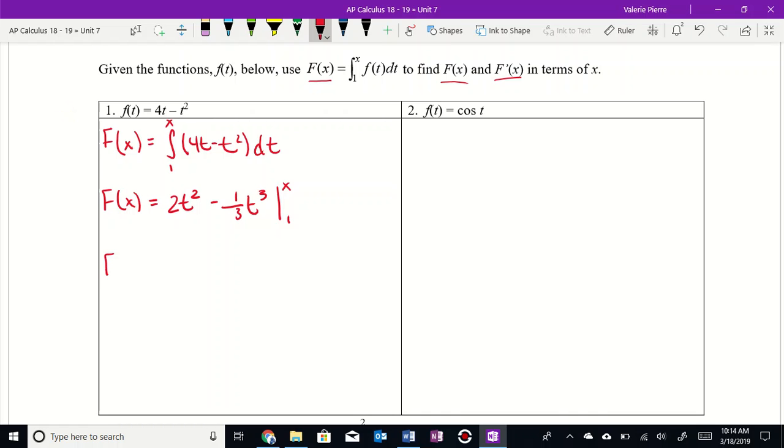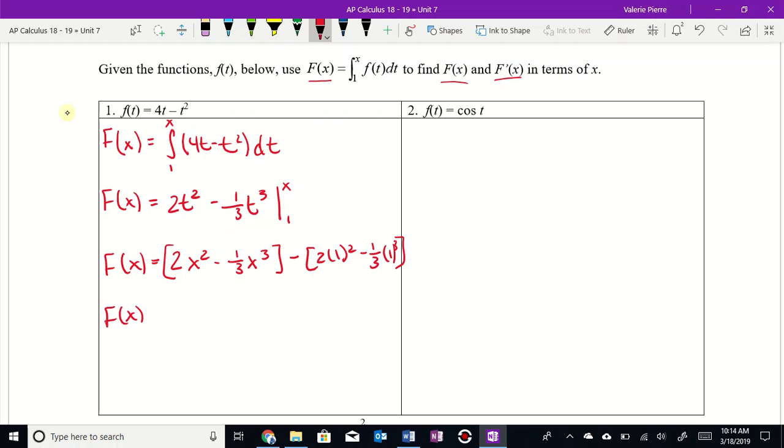So now using FTOC, we'll rewrite this as 2x squared minus 1/3 x cubed minus 2 times 1 squared minus 1/3 times 1 cubed.